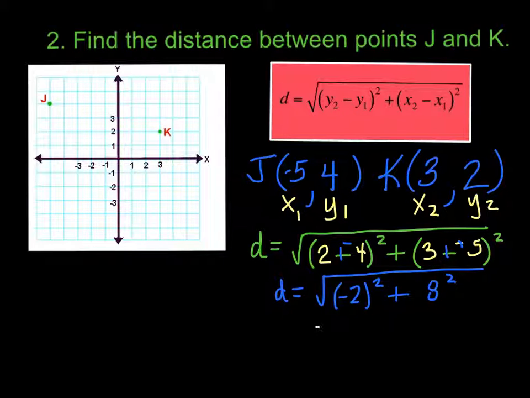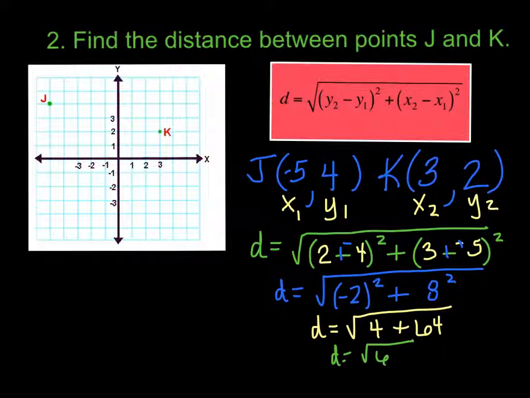Okay, let's keep going. Negative 2 squared is negative 2 times negative 2, which is positive 4. And 8 squared is 64. So we have to figure out what is the square root of 68. Well, I know the square root of 64 is 8, but I don't know the square root of 68.